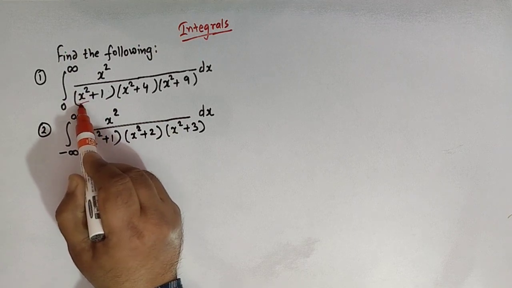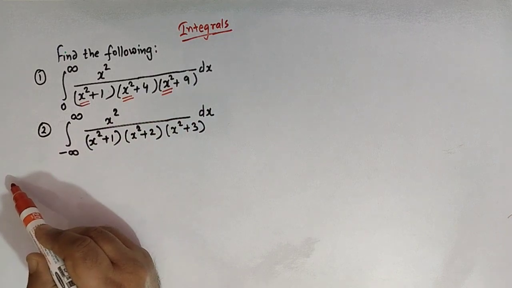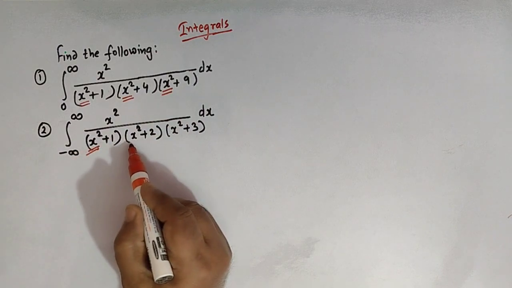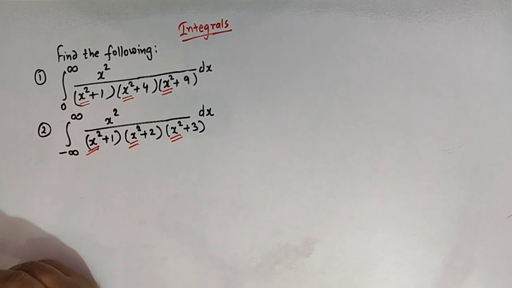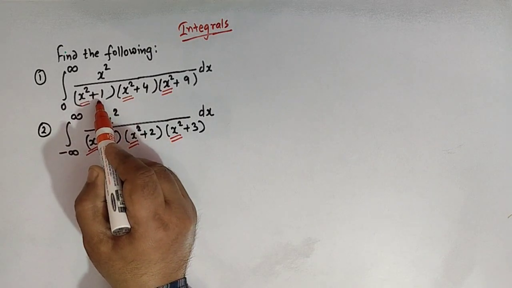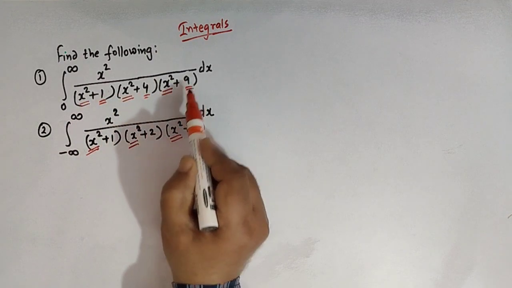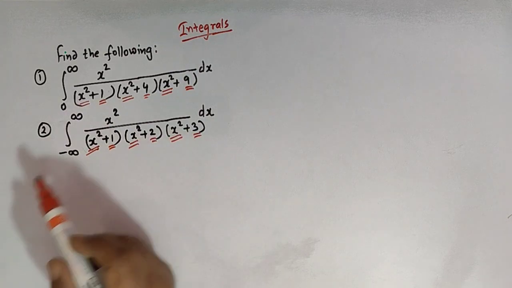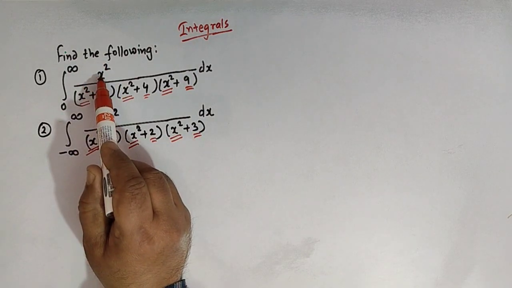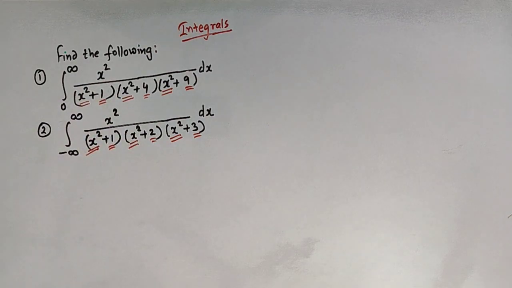Then we have these numbers: here 1, 4, and 9, and here 1, 2, and 3. And the numerator is x square in both.